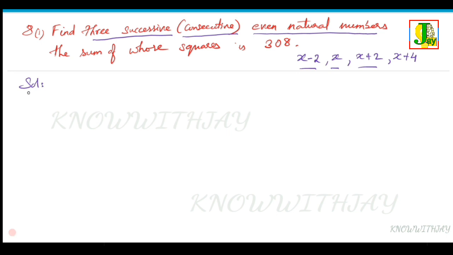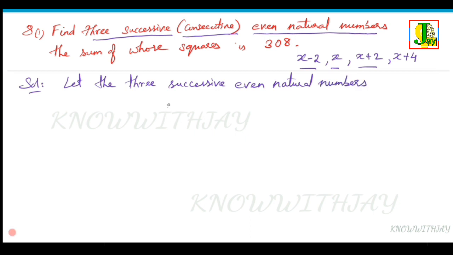So let the 3 successive even natural numbers be x minus 2, x and x plus 2.